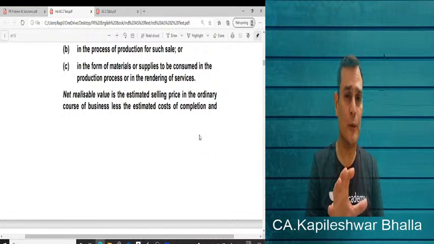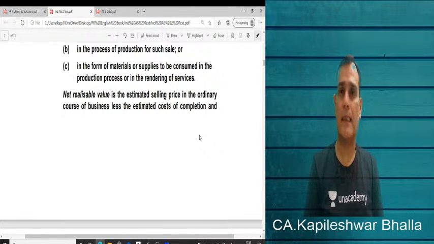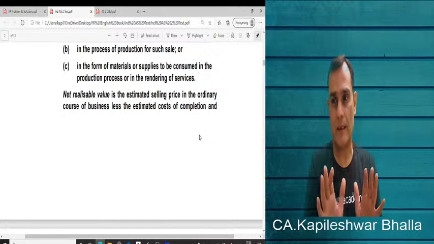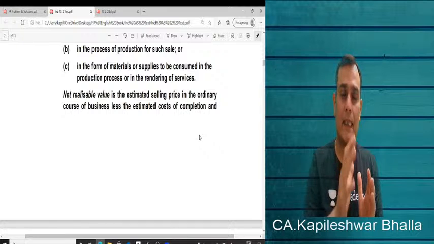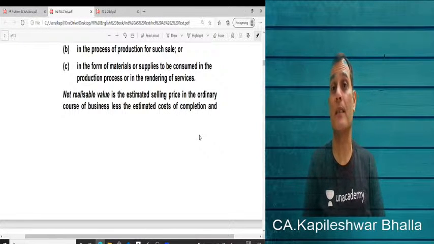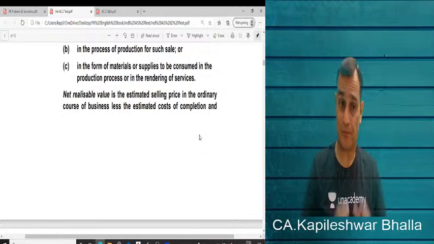But I can also tell you that the word estimated is used because there is a good connect between Ind AS 10 and Ind AS 2. What is the connect? I'll give you some input at this stage without getting into much depth, because one can take NRV as a separate issue and discuss the clarifications given on the NRV concept.